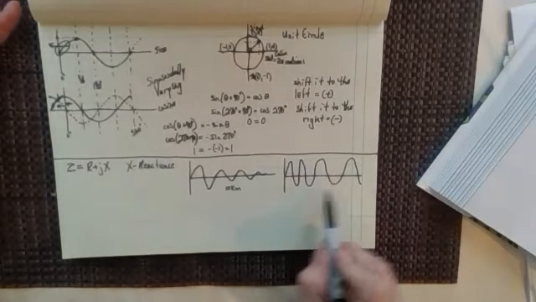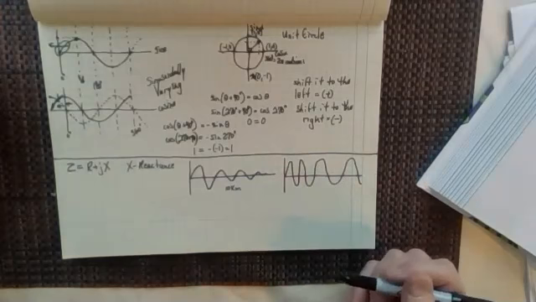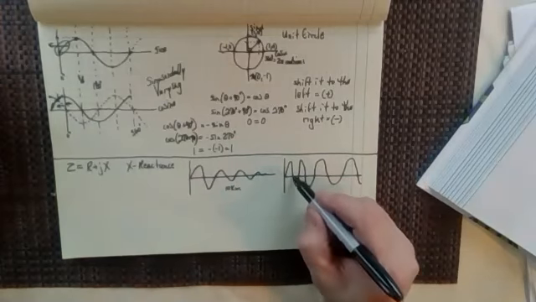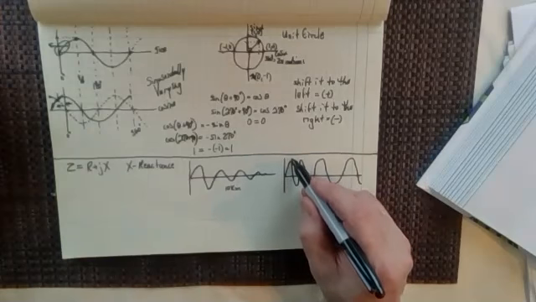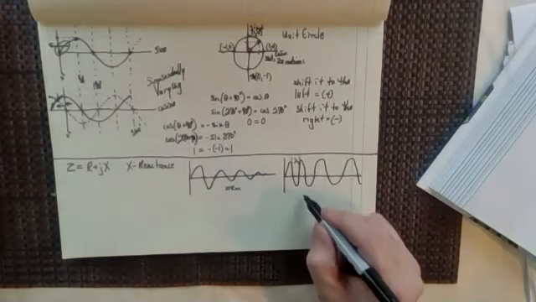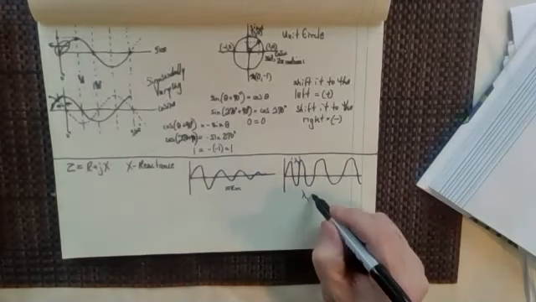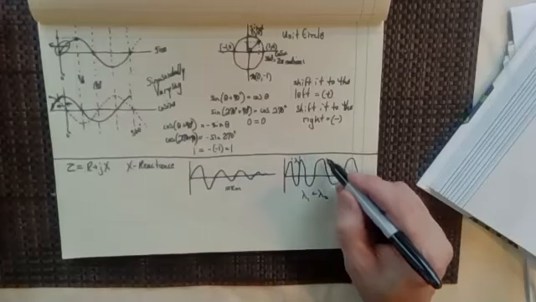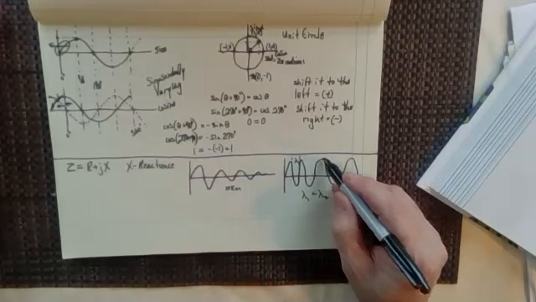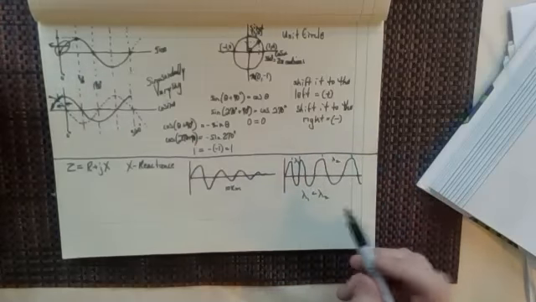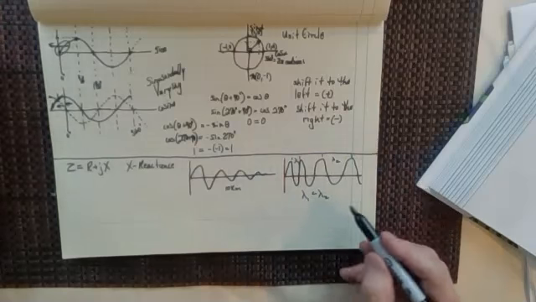The amplitude is all the same all the way along. That's true. But look at the wavelength. Right here, my wavelength between those two peaks, if that's wavelength one, is much shorter than wavelength two, which would be, let's say, here. Does everyone see that?